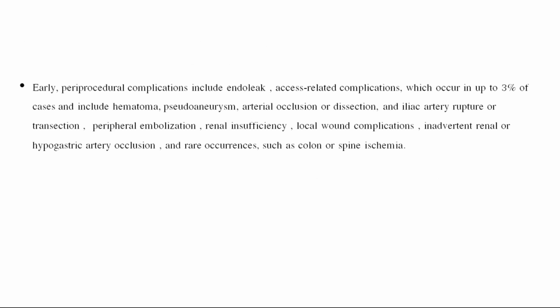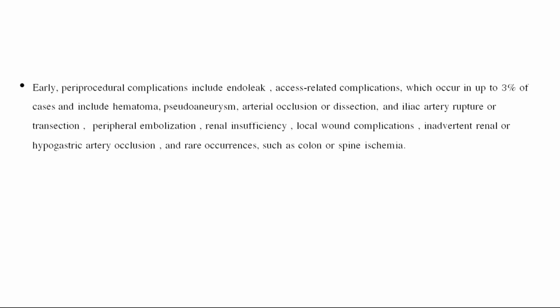So early peri-procedural complications include the endoleak and access-related complications, which occur in up to 3% of cases, which may include hematoma, pseudoaneurysm, arterial occlusion or arterial dissection, and iliac artery rupture or transection.